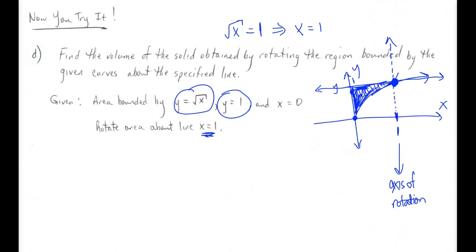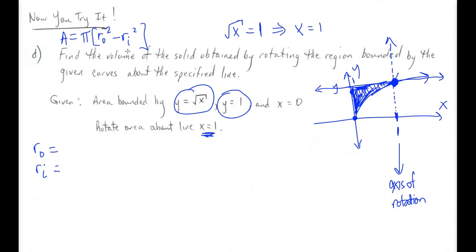So this means we're going to have to define what our outer radius is as well as what our inner radius is. And we need to know that because our formula for the area here is going to be pi times outer radius squared minus inner radius squared. So we need to find out what that's going to be.